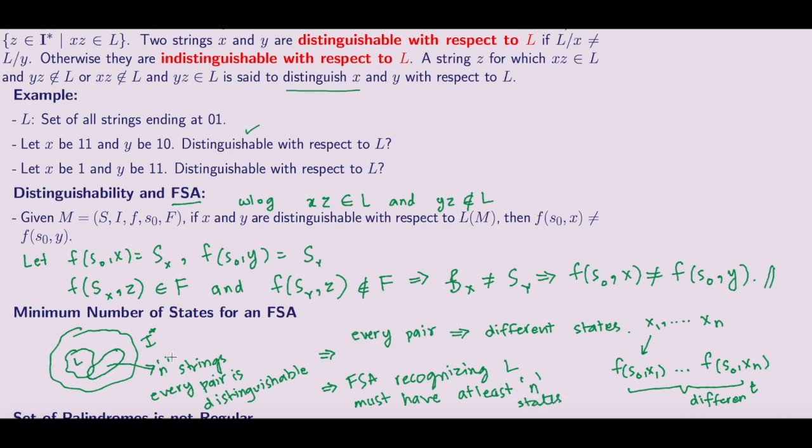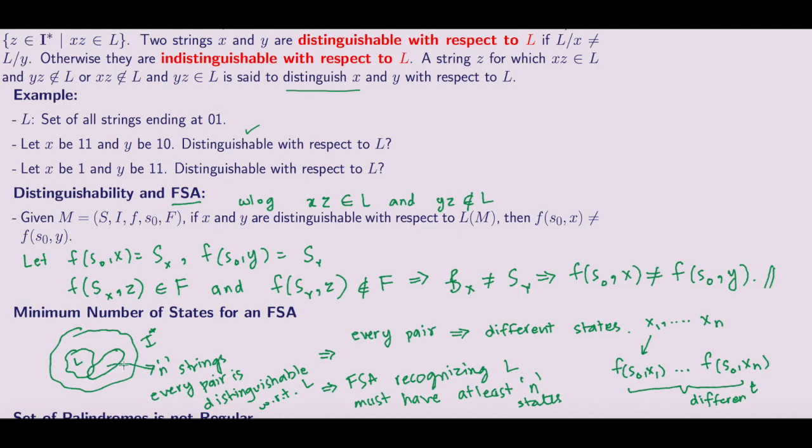Note that this set can have some overlap with L. That is not the point. The point is that if this set has n strings where every pair is distinguishable, with respect to L, and remember that this is important, then L must have at least n states.